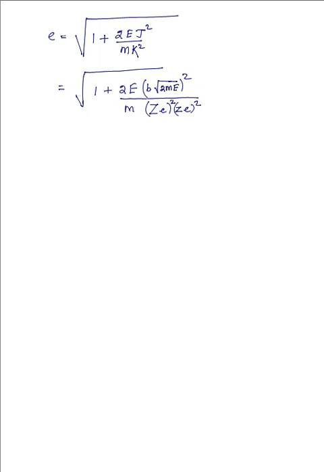And at the top we have 4 pi epsilon naught squared. Now k was negative, so k squared is obviously going to be positive in this case.